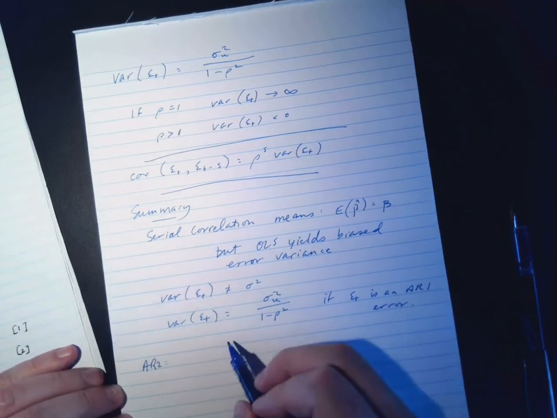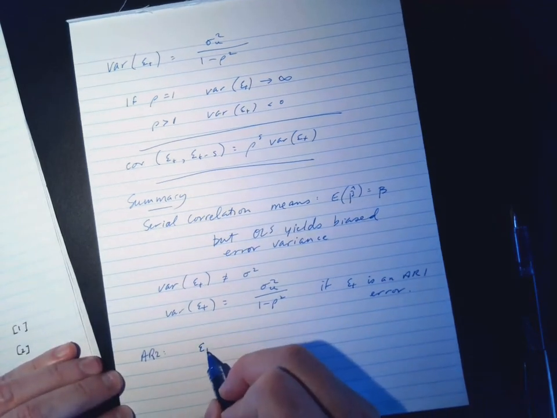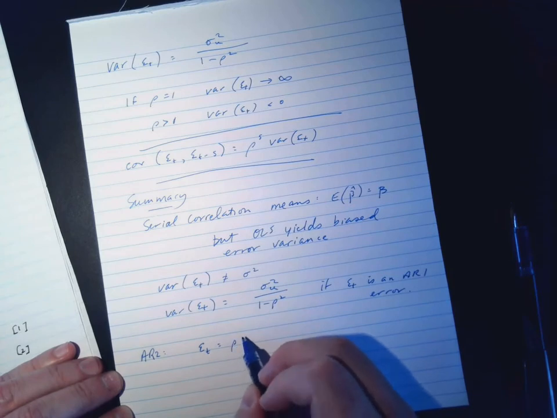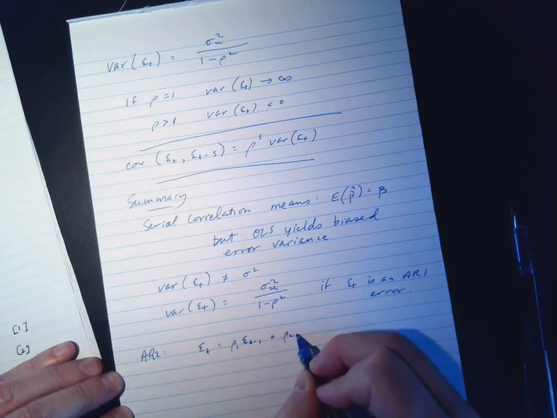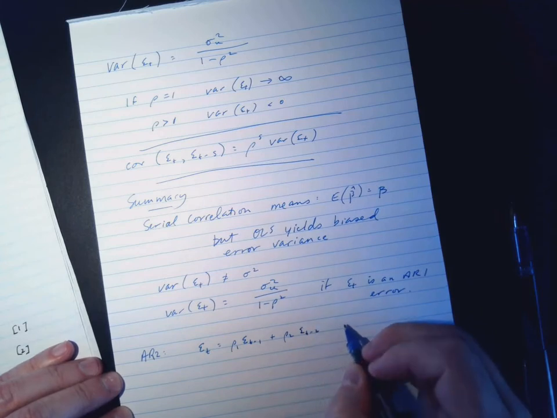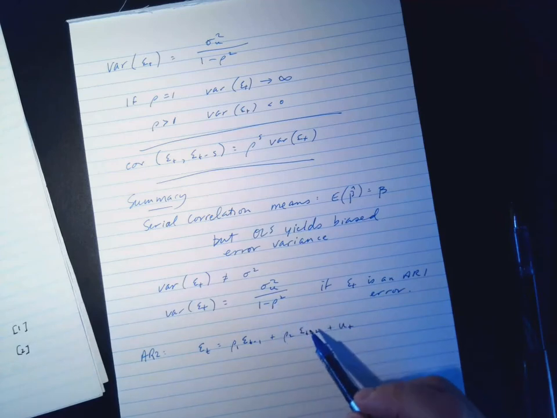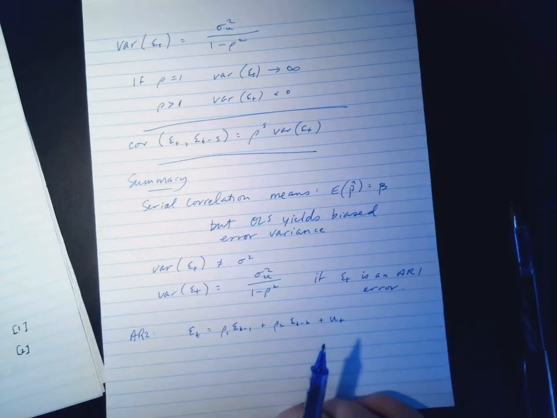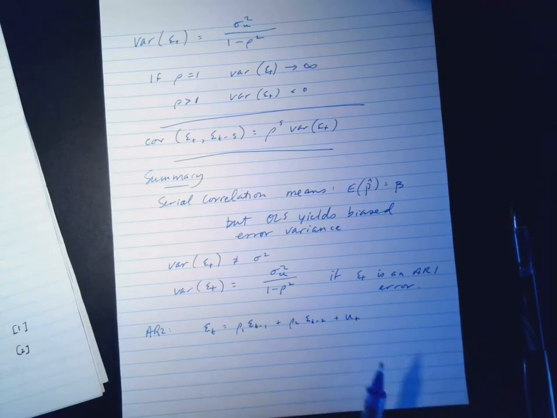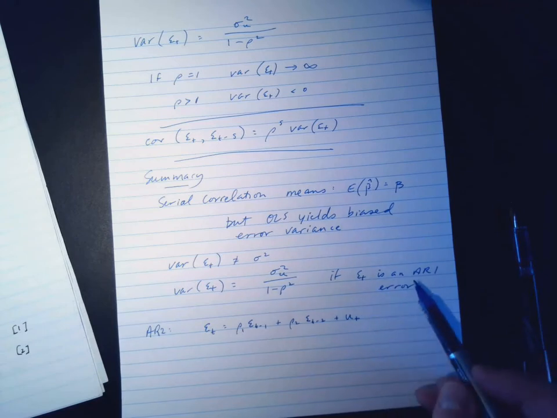It could be. That just means epsilon t equals rho 1 epsilon t minus 1 plus rho 2 epsilon t minus 2 plus ut. Well, we could go back and work out all the results that we did before. And as the book says, it will get messy. But we don't need to for this purpose.